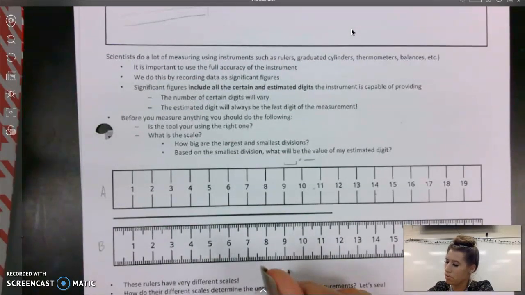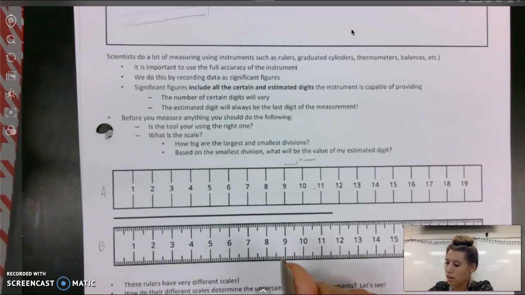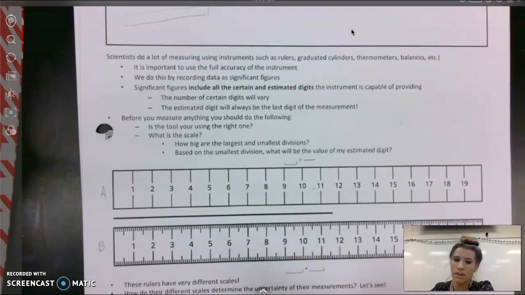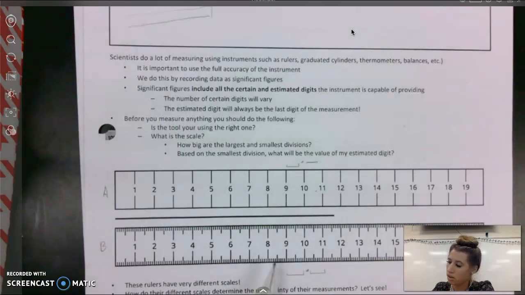Now when I look here, I see that there are calibration marks to the tenths. So my whole numbers, I am certain of those, and I'm also certain of the tenths because I have calibration marks within the tenths. But notice that the tenths is the smallest calibration mark, so my estimation is going to be in between those.